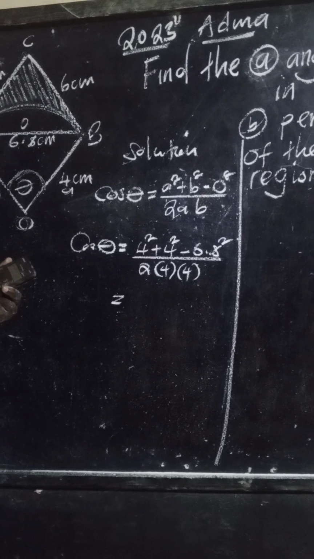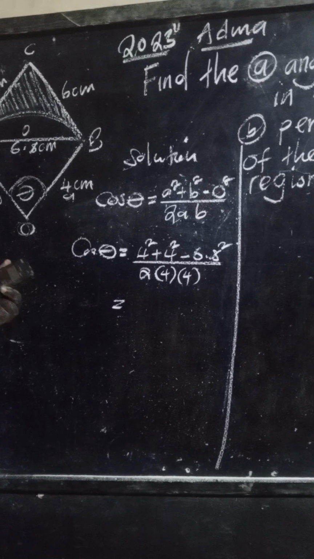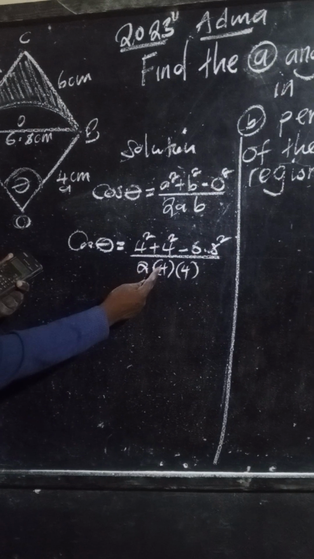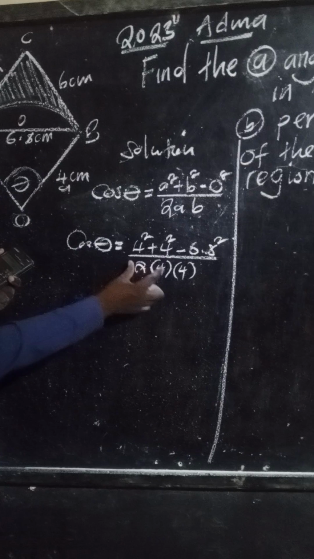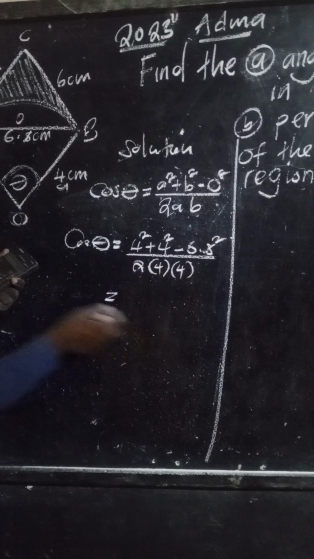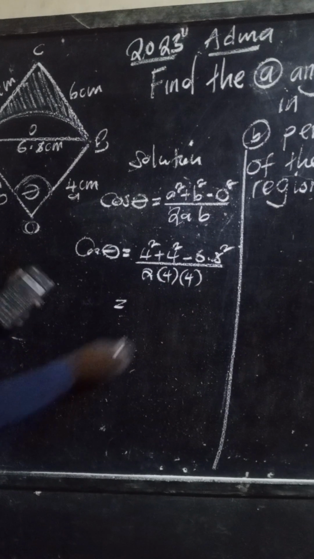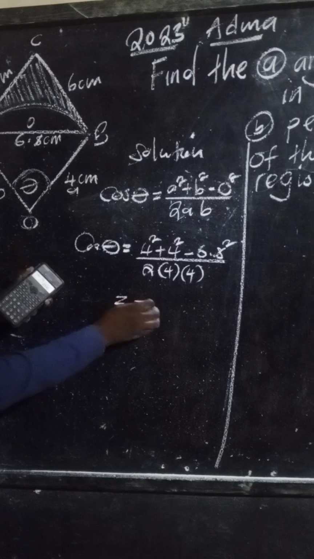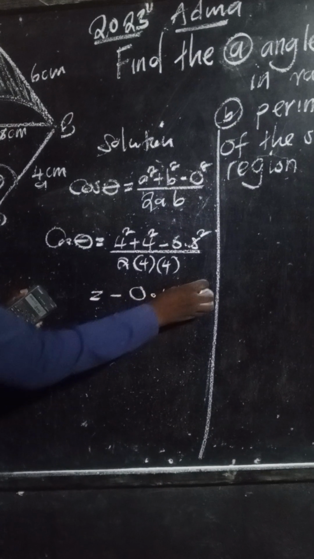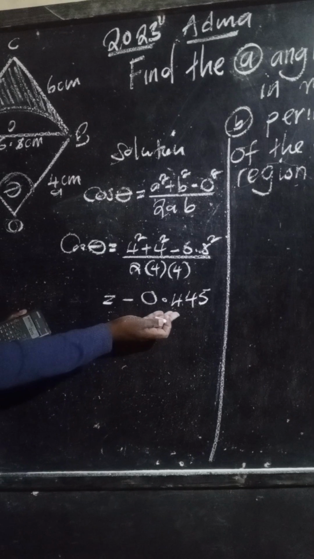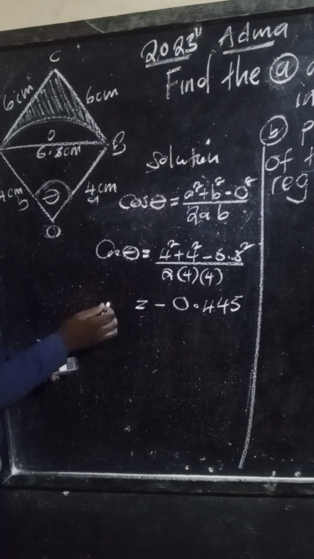And then you divide your answer by 32, because 2 times 4 is 8, then 8 times 4 is 32. So when you divide, you end up with negative 0.445.